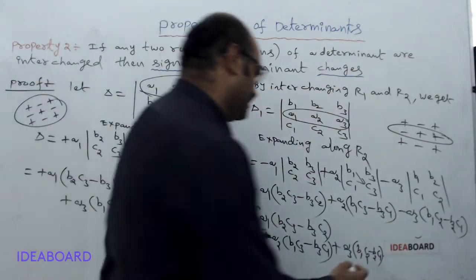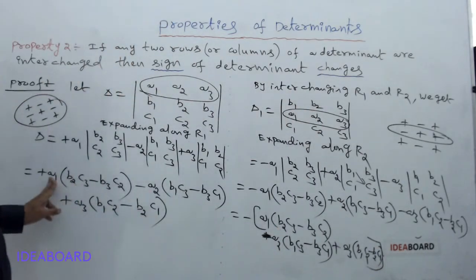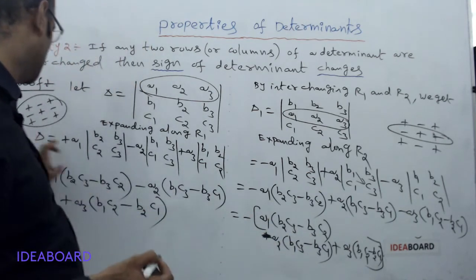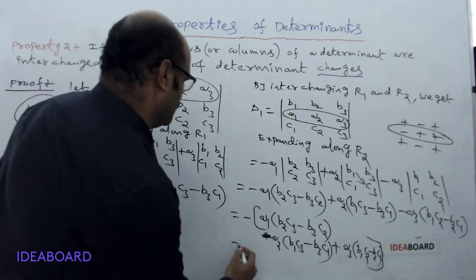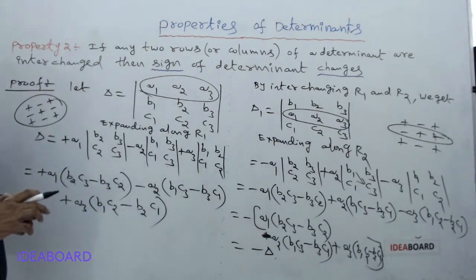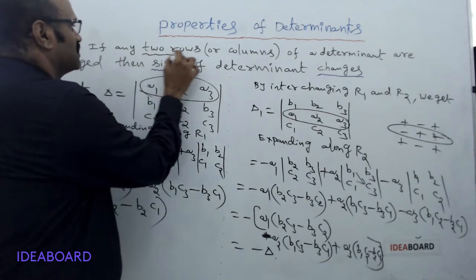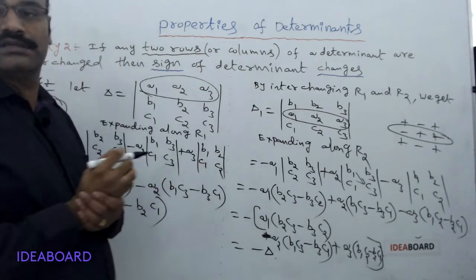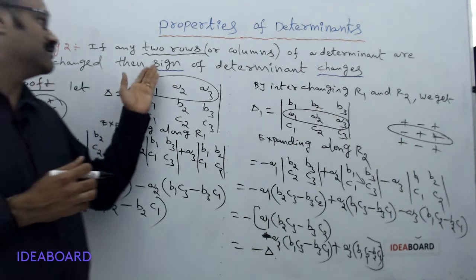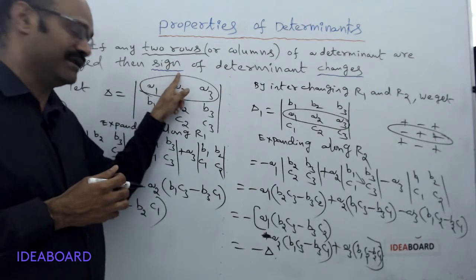So this is equal to A1 into B2, C3 minus B3, C2 and so on, which is nothing but delta here. So it is equal to minus delta. Whenever you interchange any two rows or any two columns of a determinant, the determinant changes only by its sign.